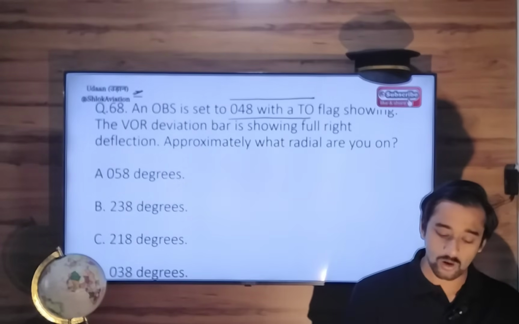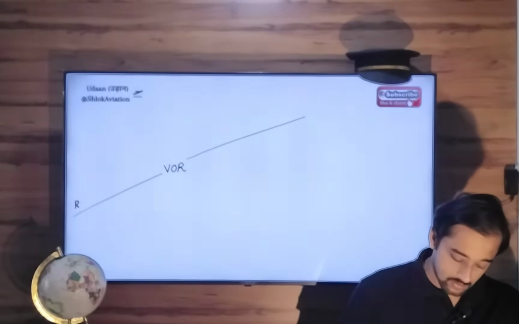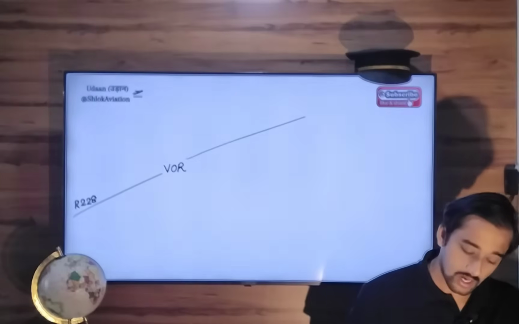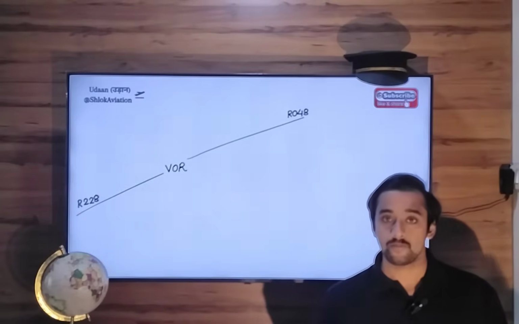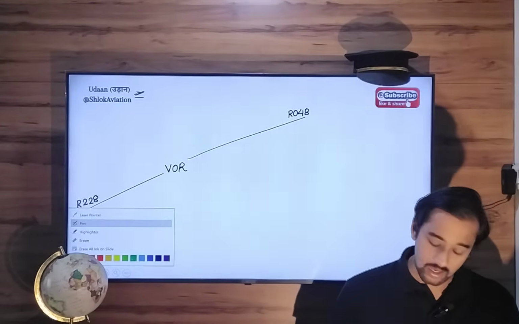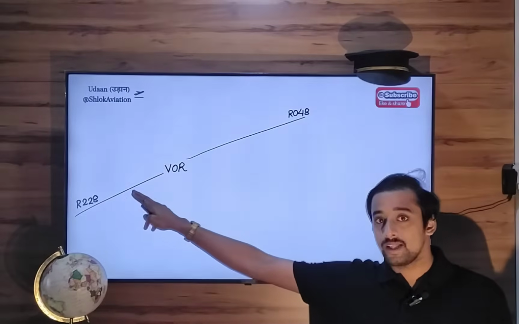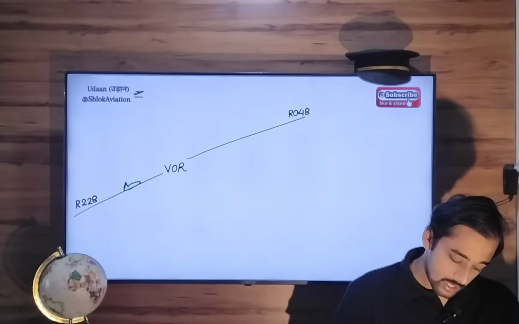So what is the reciprocal of 048? It is 228. So this is your radial 228. This is your radial 048. So pilot has put 048 in his OBS selector with a TO indication. That means he is following radial 228 inbound.